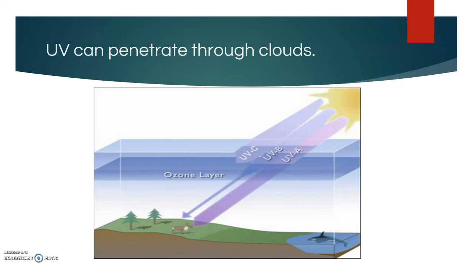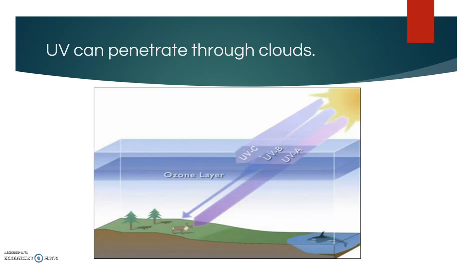Now, UVA and UVB light are 2 other types of UV light that come from the sun, and we need to make sure that when we're out in the sun, we protect ourselves from those by wearing sunscreen. There are cheaper kinds of sunscreen that don't really protect against all UVB light.